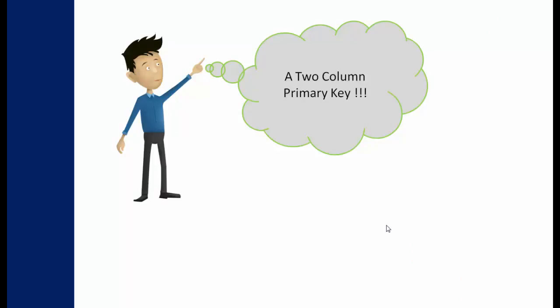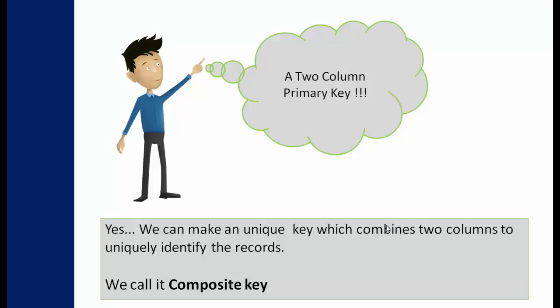What the heck? 2-column primary key? Can I combine multiple columns to create a primary key? Didn't we discuss that primary key should be a single column? I believe you also have the same question in your mind. Yes, we can make a unique key which combines 2 columns to identify the records, and we call it a composite key.